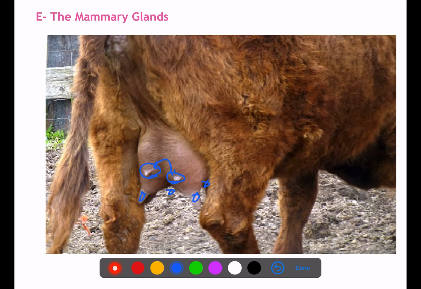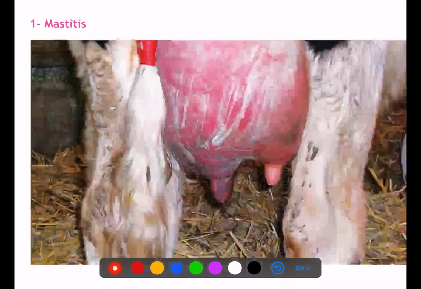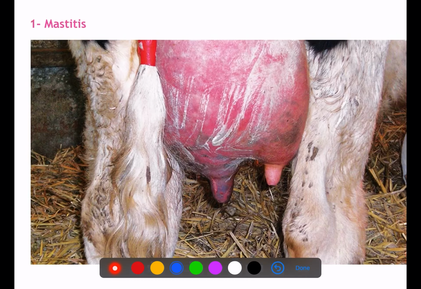The most important pathological lesion of the mammary gland is mastitis.